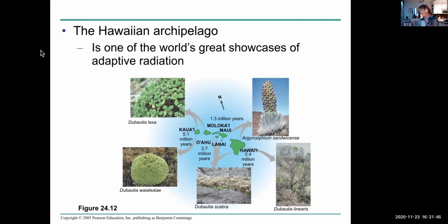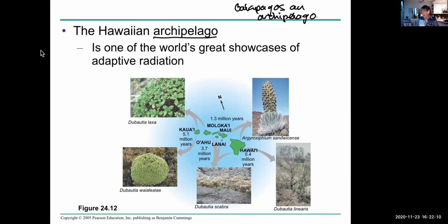But Hawaii is a little more isolated. Nevertheless, both are about 1.5 million years old. So the Galapagos is also an archipelago. And Hawaii is an archipelago.